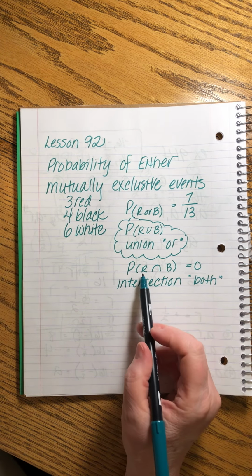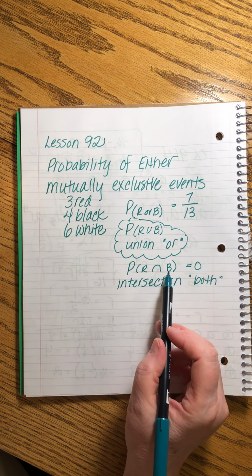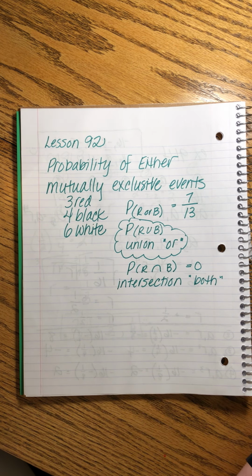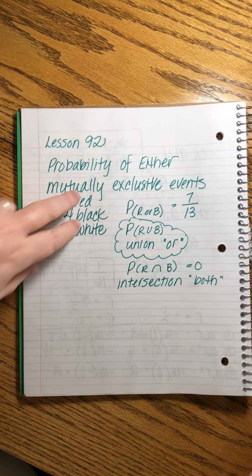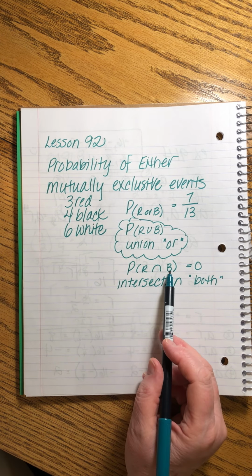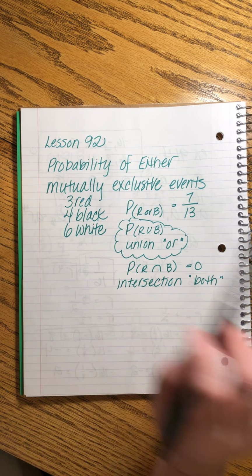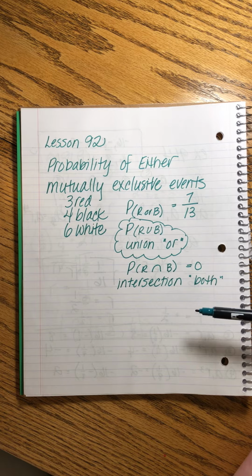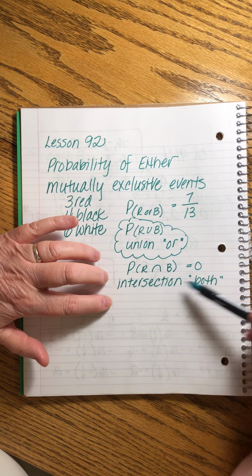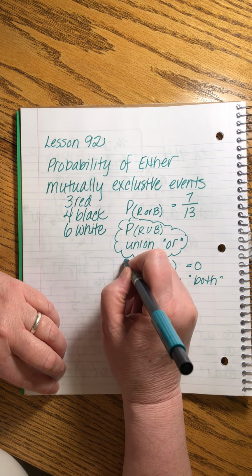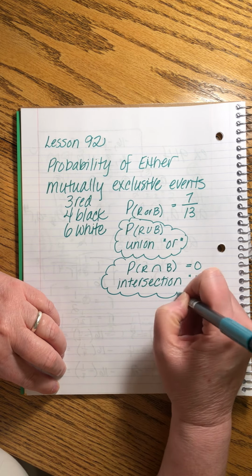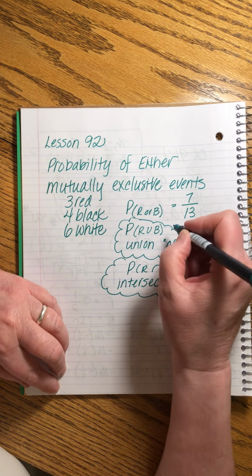Is there any way that red marbles are also black marbles, that they're both red and black? That's impossible, right? With marbles, you're one color or the other. You're mutually exclusive. You can't be both. So this language makes no sense in the kinds of problems that we've dealt with so far.